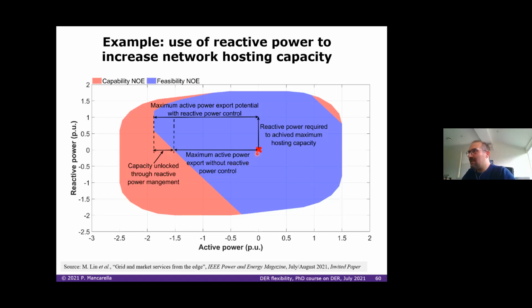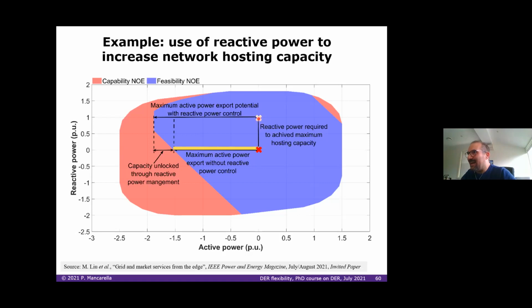So when you look at this, if you don't have reactive power capability, say under zero reactive power, this is the active power that I can inject into the system. So this is the hosting capacity of my network. However, if I move to this operating point, I enable my reactive power capability, for example by using inverters or on-load tap changers or any means to change the reactive power profile of the network.